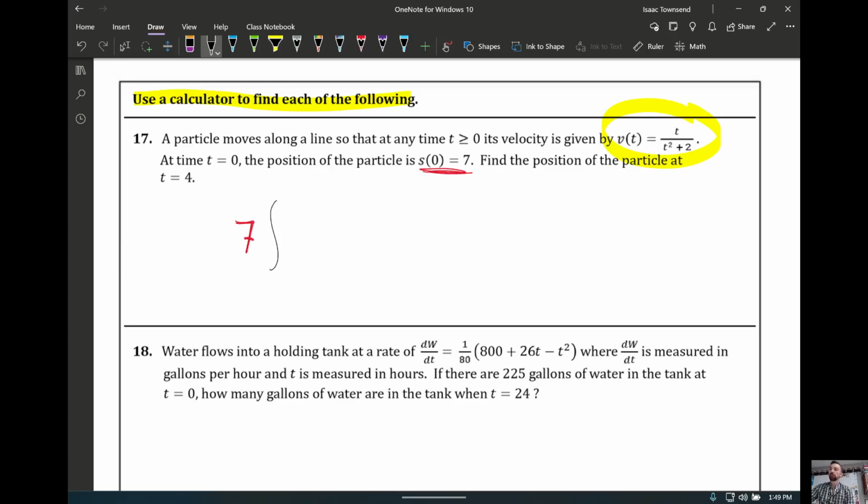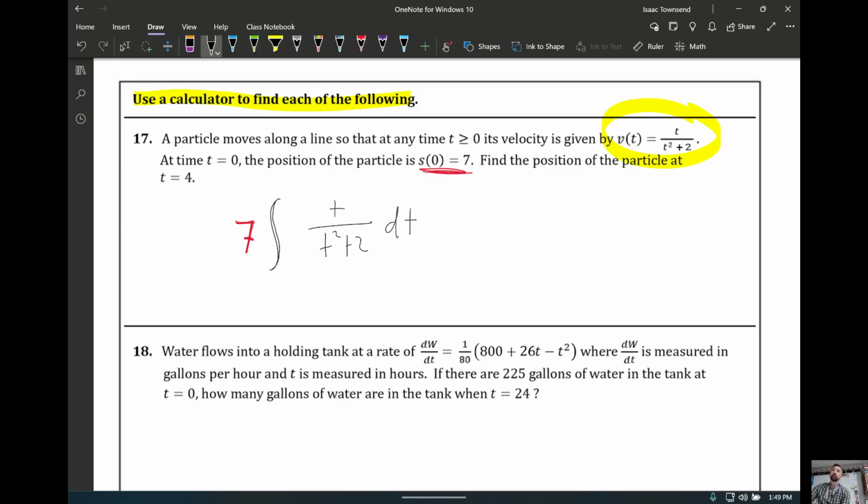Integration. If you integrate velocity, it gives you the change in position. So if we integrate velocity, it gives us the change in position.